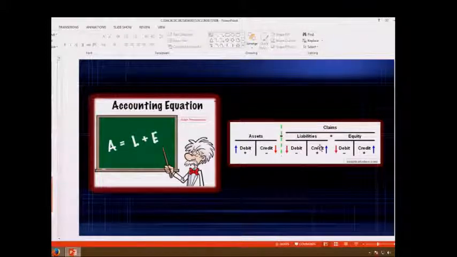Does everybody see why they go up and down differently? The left-hand side, I'm increasing on the left. The right-hand side, I'm increasing on the right. And if that helps you to remember that, that's good, okay? For these accounts, we're talking about assets, liabilities, and basically your capital account, right?